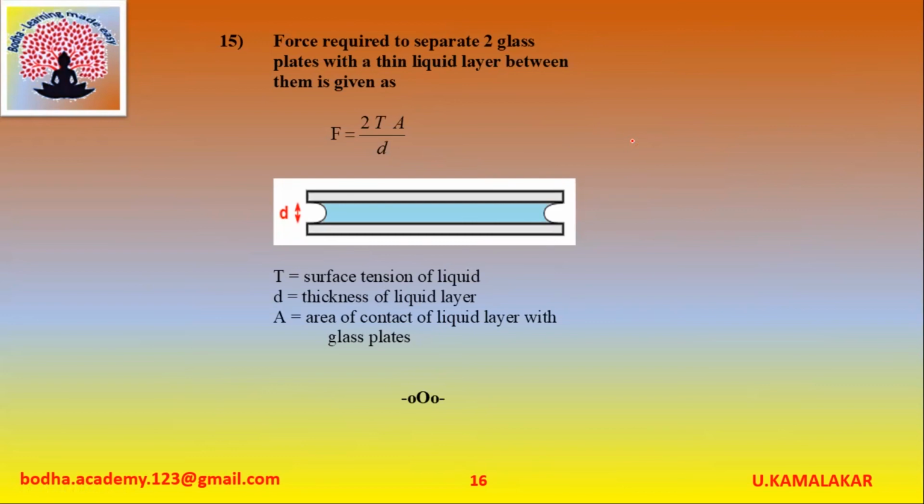Force required to separate two glass plates with a thin liquid layer between them is given as F = 2T A / D, where T is surface tension of liquid, D is thickness of liquid layer, A is area of contact of liquid layer with glass plates.